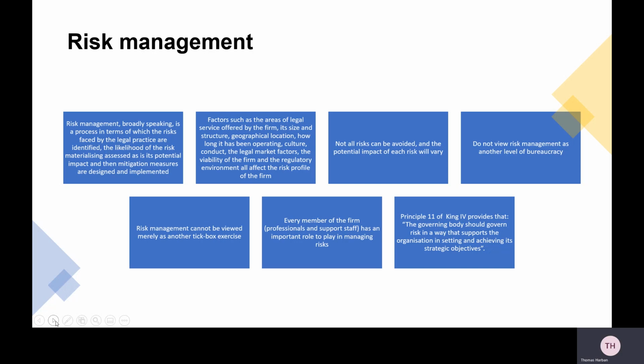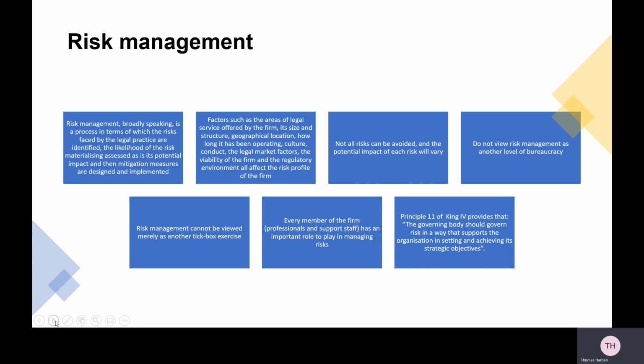Your attitude towards risk management is also important, and that will determine what benefit you take out of this course. Do not view risk management as another level of bureaucracy. It's not just another voice standing on the hilltop telling you how you need to go about doing what you want to do in your legal practice.